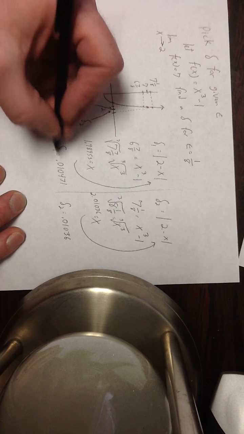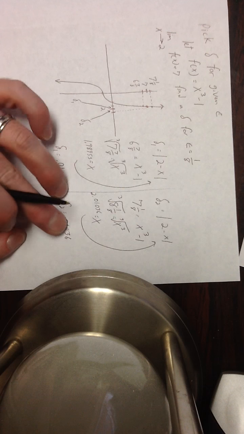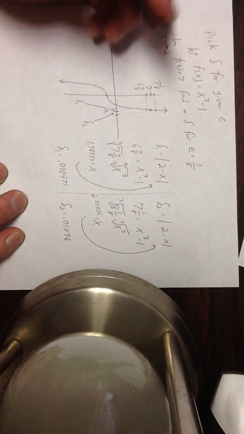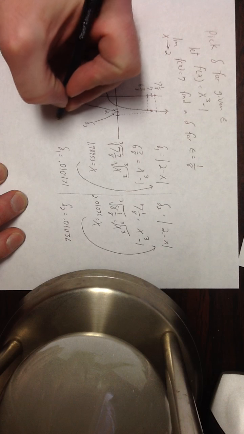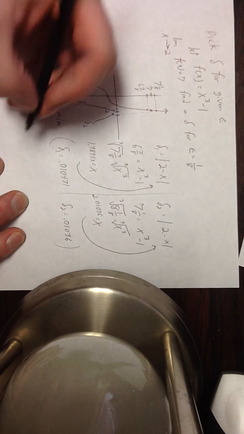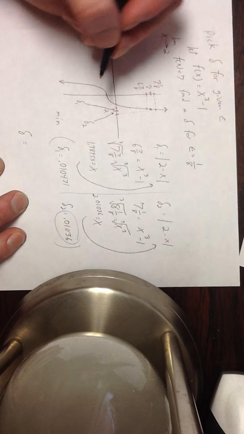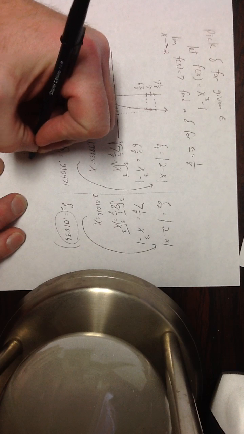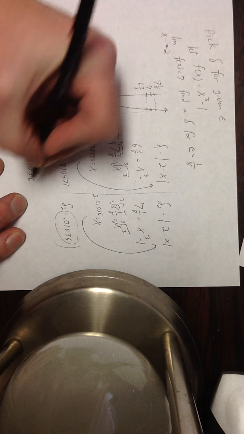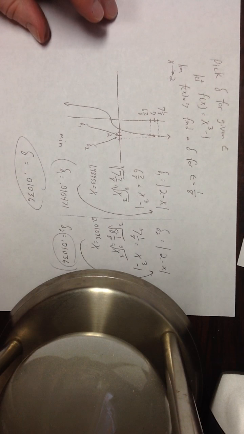And then the delta that I'm going to choose that fits inside this little epsilon box is the minimum between those two. That's the delta I want to pick. So the delta that I'm going to choose is going to be this guy. It looks like the smaller one, 0.01036.